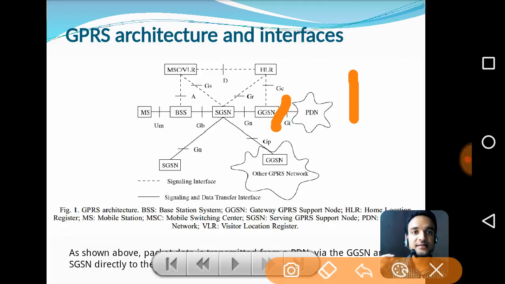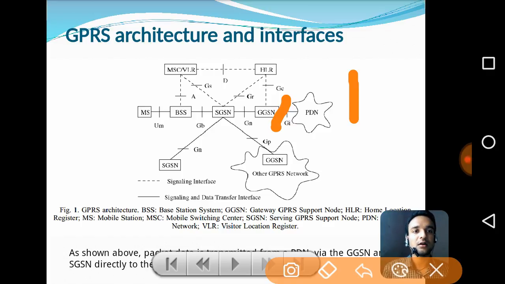Now there is the HLR connected to the GGSN. So what is that HLR? HLR stands for Home Location Register, in which all the details of the subscriber are kept, so that if someone requires the details, the subscription pack and the net pack, all of these are saved in the HLR and can be easily accessed through it.